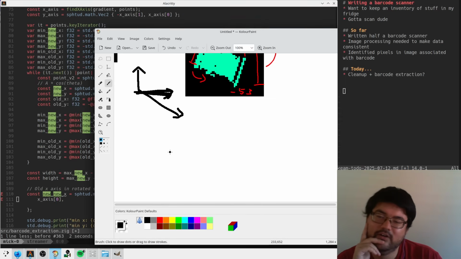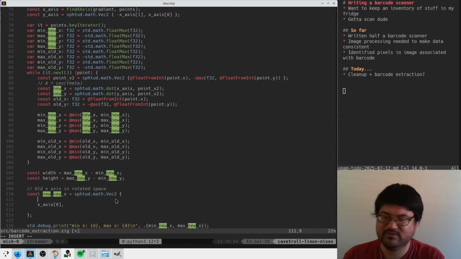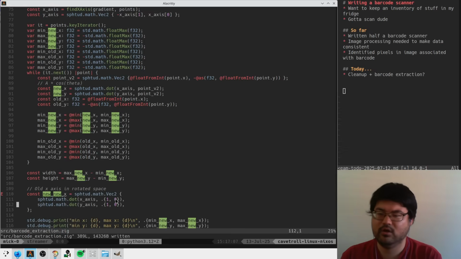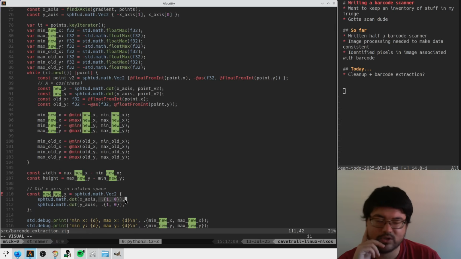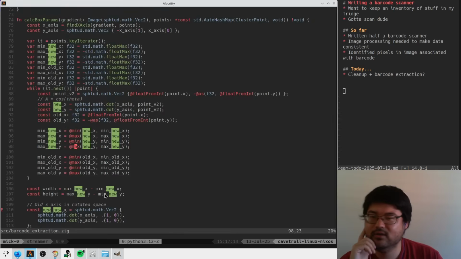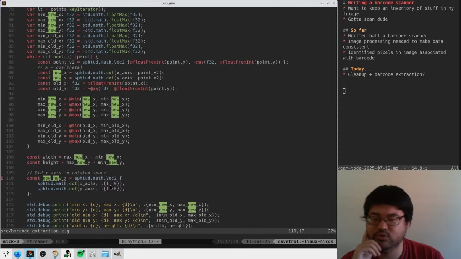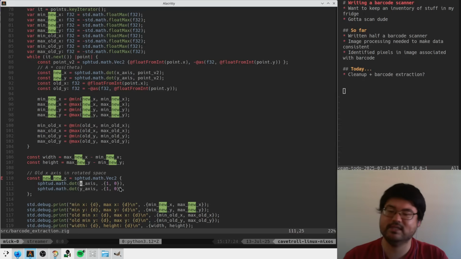So we take a horizontal 1, 0, dot that with the new x, which is essentially what we're doing down here. But this dot product turns into something really obvious, right? This is just taking the first parameter of x and y.